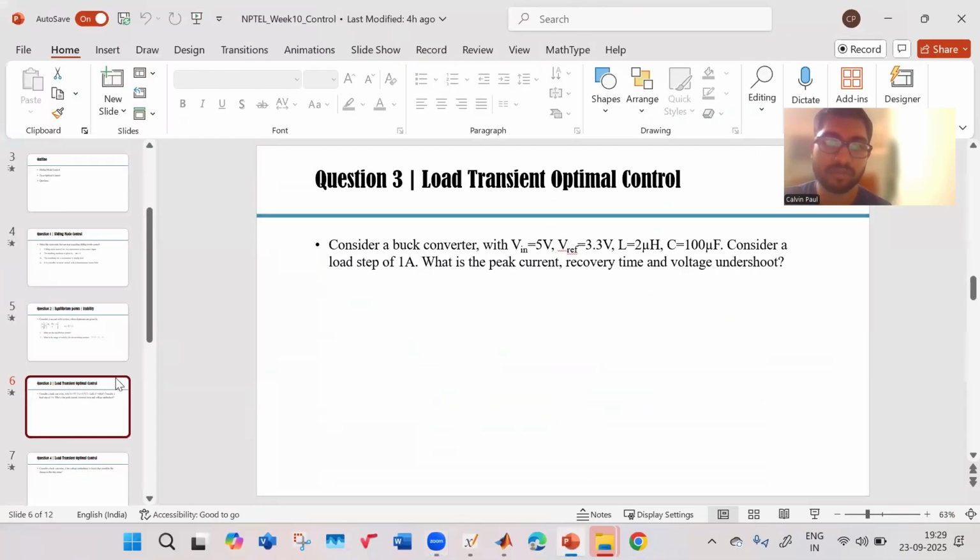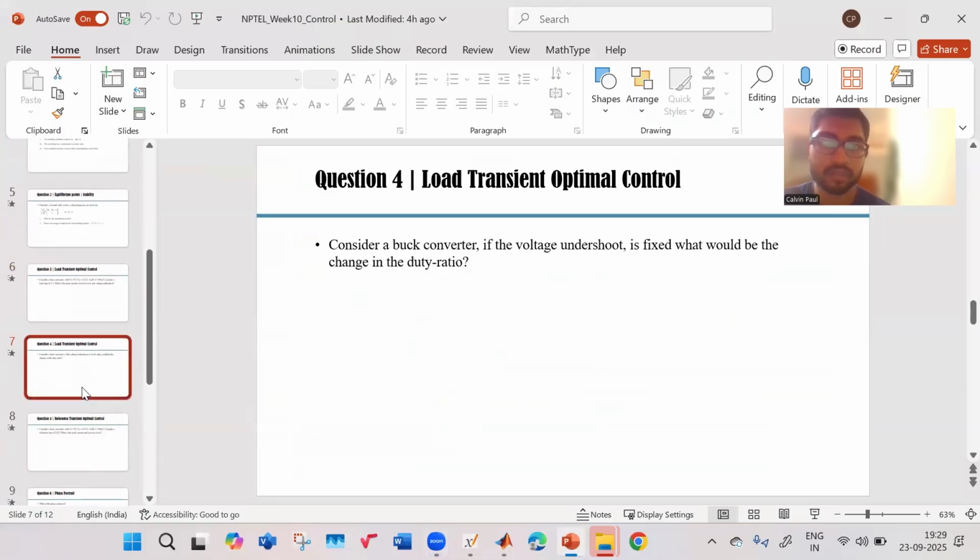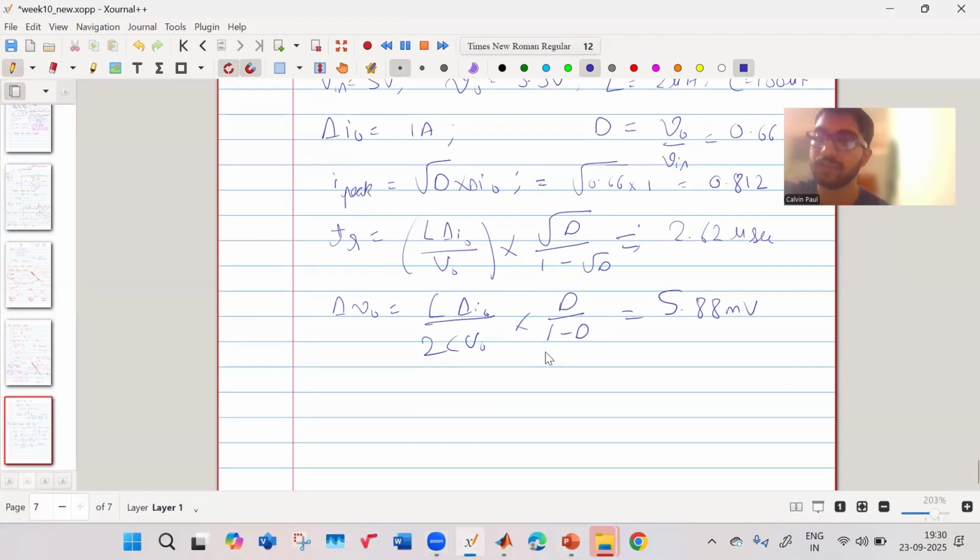Right, so let's go to question 4. What this question is saying is that this delta V naught is fixed. We don't want our voltage undershoot to become more than this delta V naught.